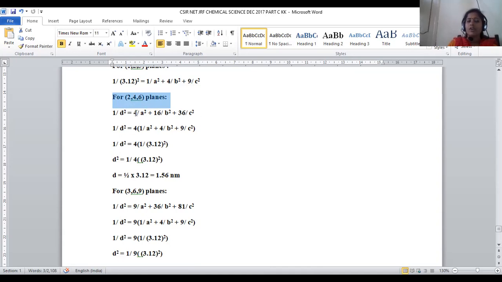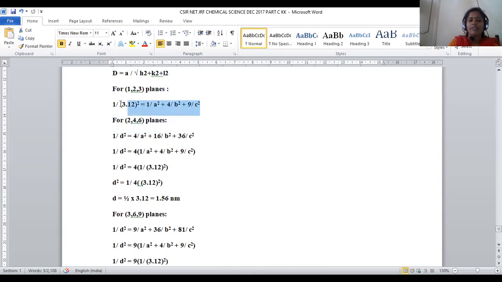So from this we can take 4 as a common factor. Now it will become 1 by a square plus 4 by b square plus 9 by c square. This value is given for the first plane, that is the 1, 2, 3 plane, right? So this value is exactly equal to 1 by 3.12 square. That means we can substitute 1 by 3.12 square here.